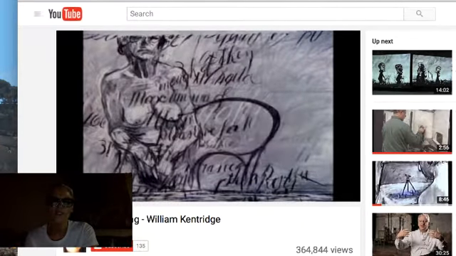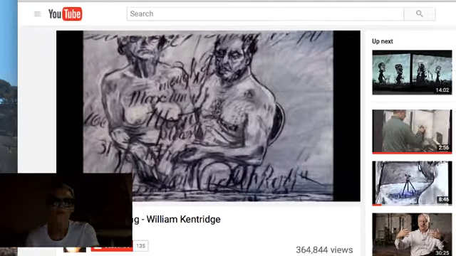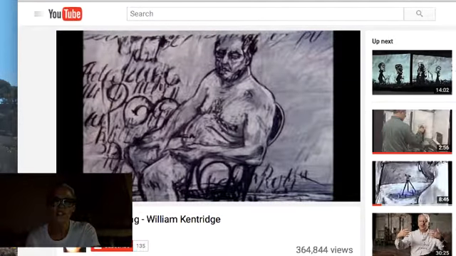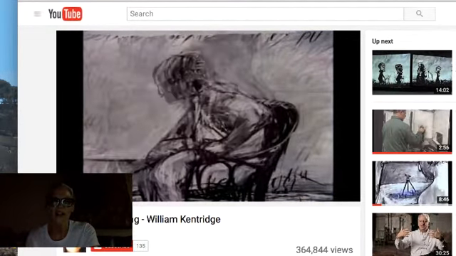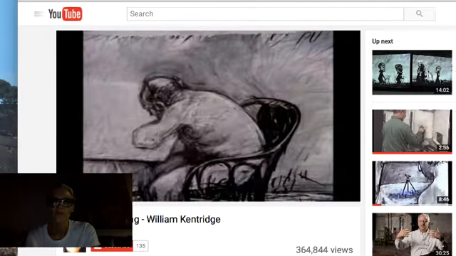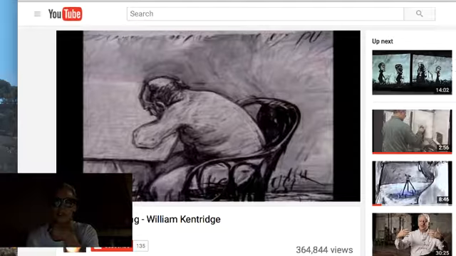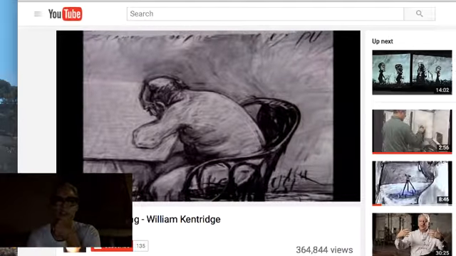So this is one of his earlier pieces. And you can see the writing, and you can see how it transitions into the figure. And I like these earlier pieces because the process is much more visible.